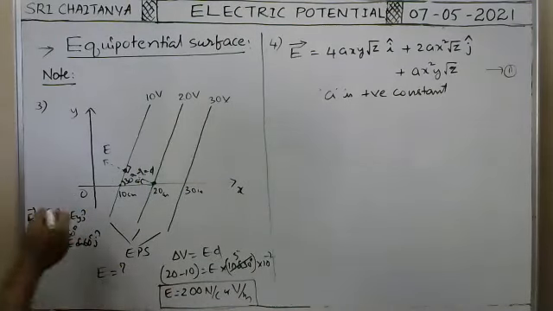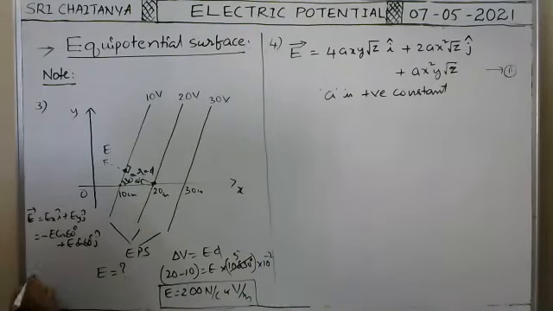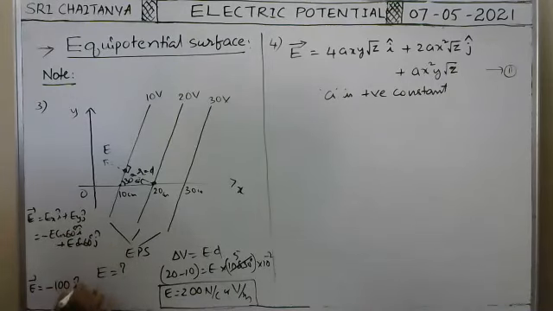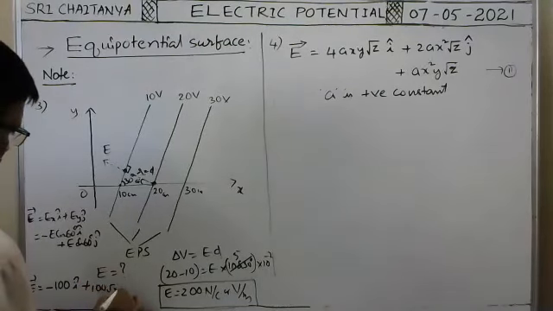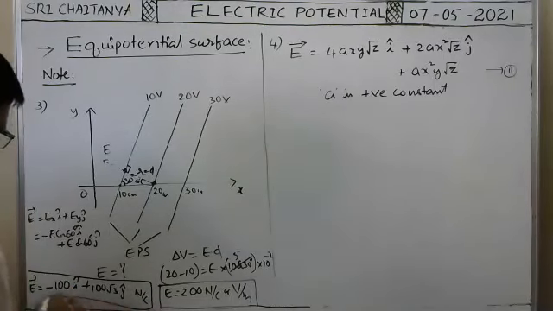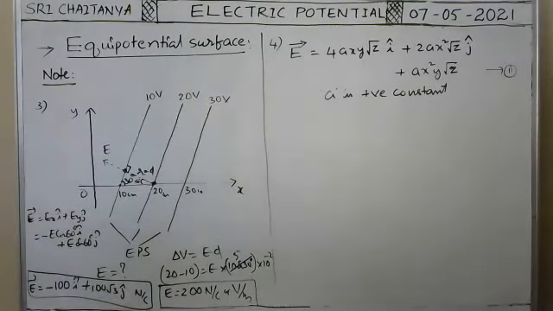Now we substitute the values. E bar is equal to minus 200 cos 60, which is 1 by 2, that is 100 I cap, plus 200 into sin 60, root 3 by 2, that means 100 root 3 j cap Newton per coulomb. So this is the intensity of electric field.